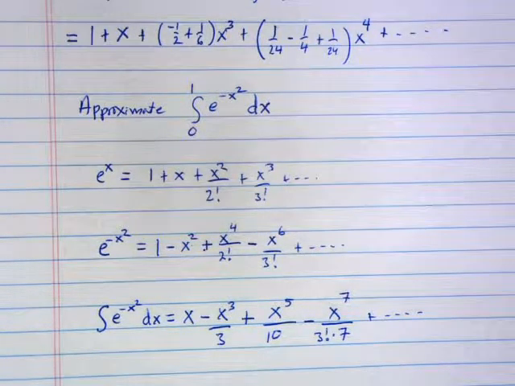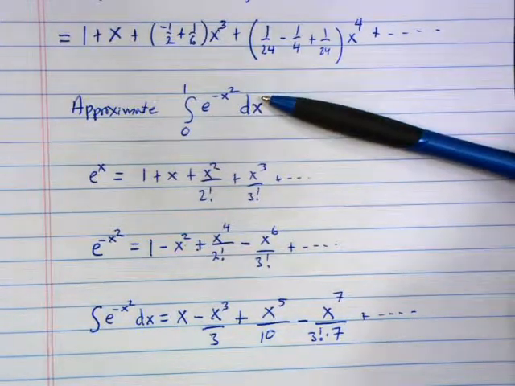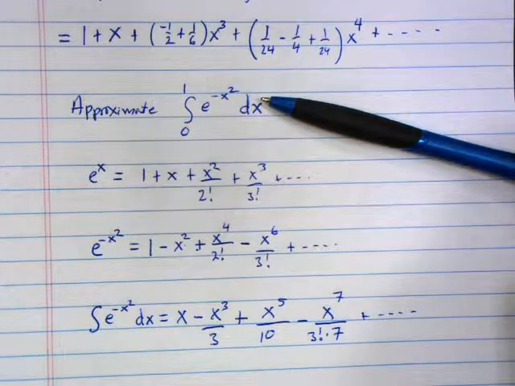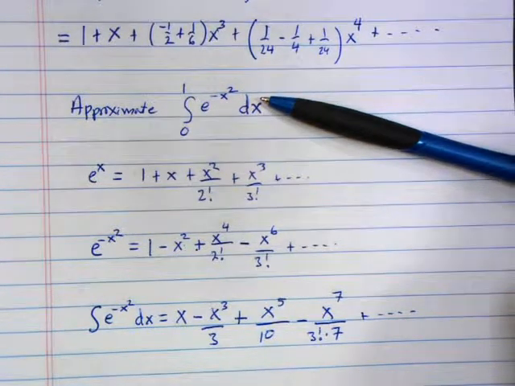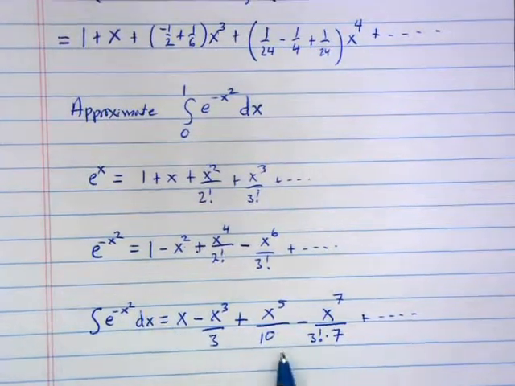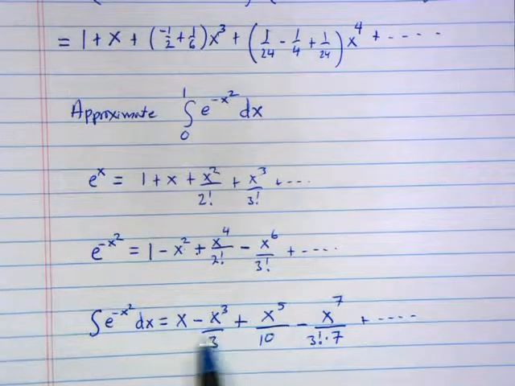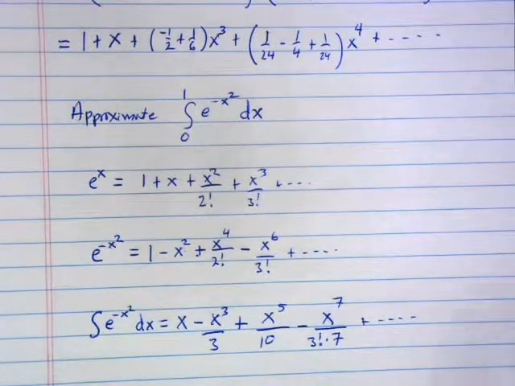Okay, so now how do I answer this question? How do I approximate this integral? Well, I come down here and I decide, how many terms do you want to use? You want to use 2, 3, 4, 5, 6, 7, how many terms do you like?